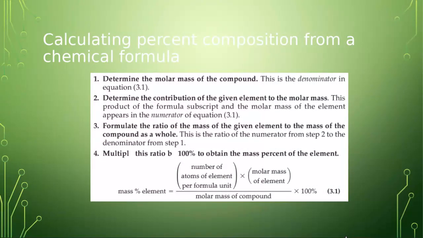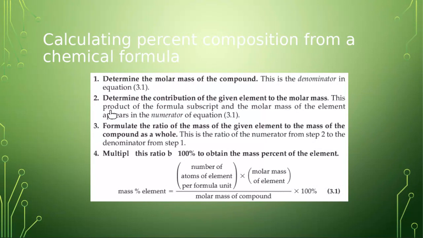We will find how the mass percent of an element in a compound is calculated, applying the equation and thinking in terms of the following steps. For example, first of all, determine the molar mass of the compound. Don't forget that. First of all, you have to determine the molar mass.